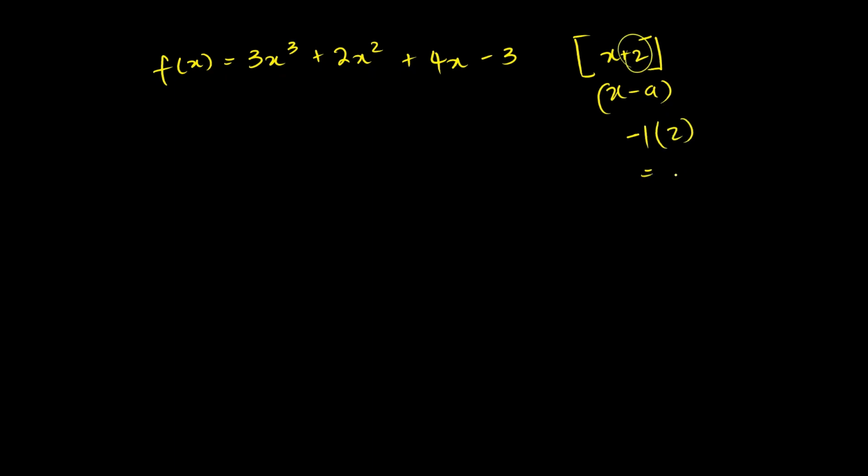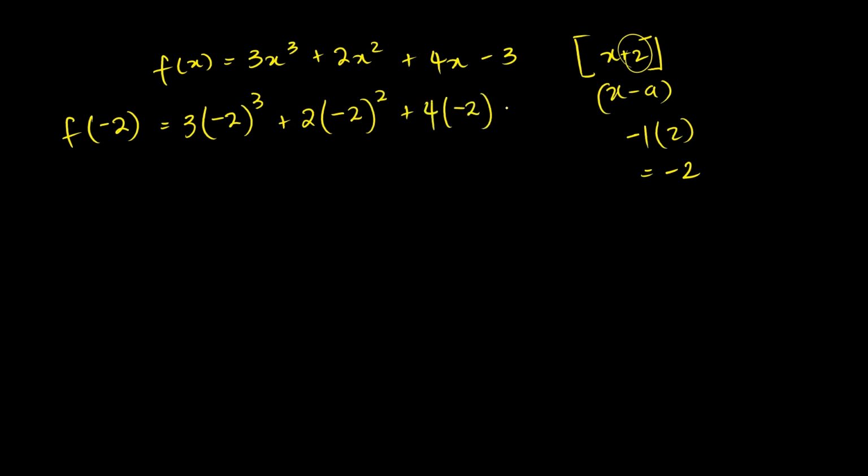So for our a value, we'll substitute negative 2. So in this case, we're finding f of negative 2. So that would be 3 times negative 2 cubed plus 2 times negative 2 squared plus 4 times negative 2 minus 3.